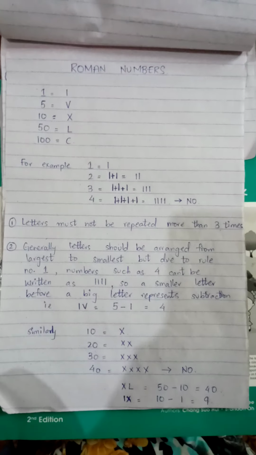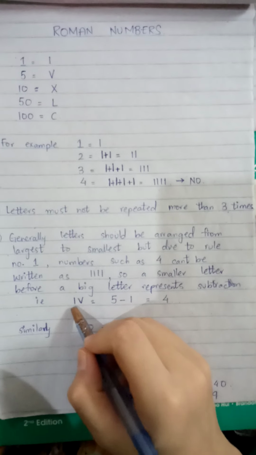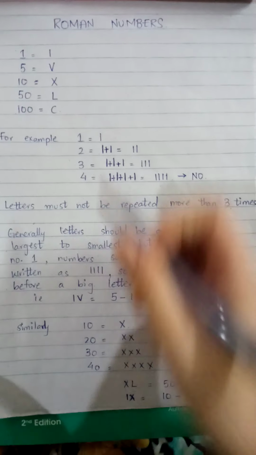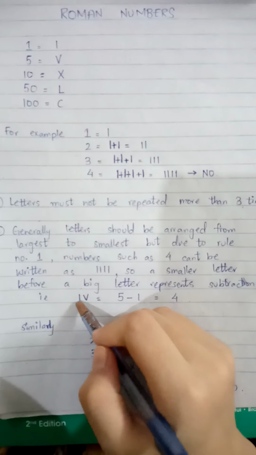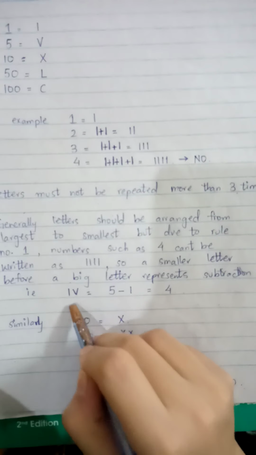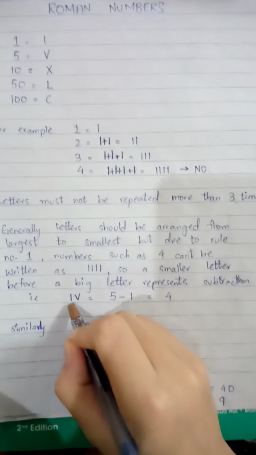Letter actually means the value. Since I know that the value of I is equal to 1 and the value of V is equal to 5, the value of I is smaller than V. So if I am adding the letter of a smaller value in front or on the left side of the greater letter, I will do subtraction.